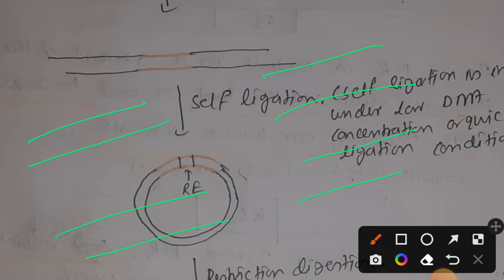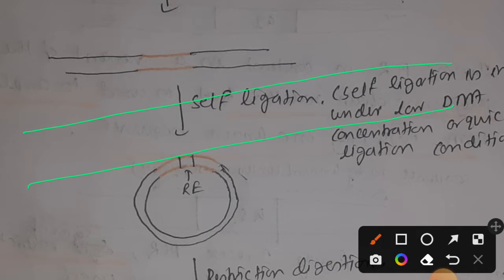If you just add ligase and expect self ligation, there is also a probability that this fragment will join with this, then this one, then this one, and give you a very large DNA fragment instead of self ligation.